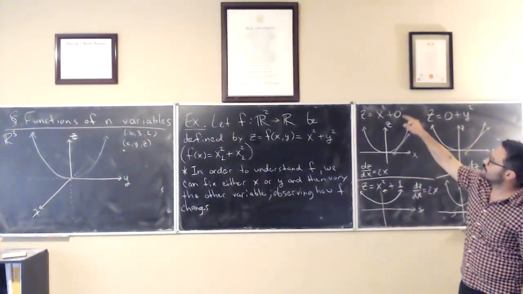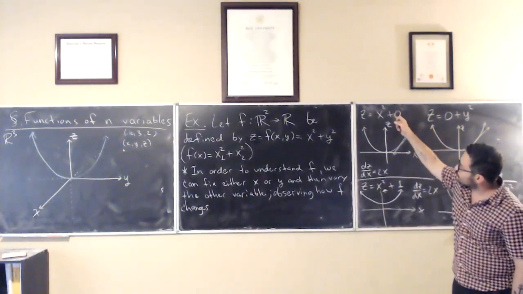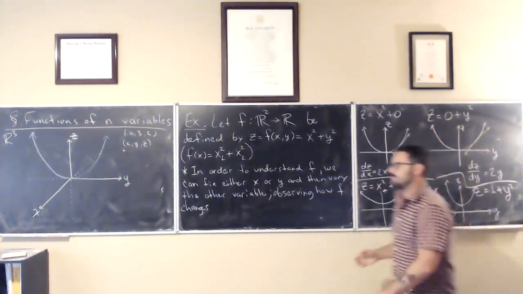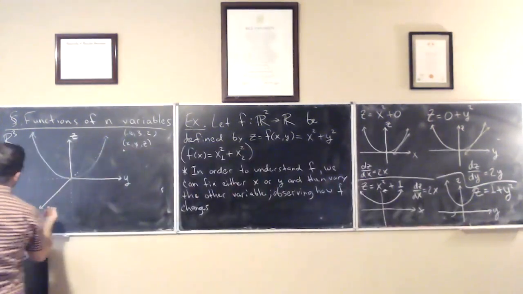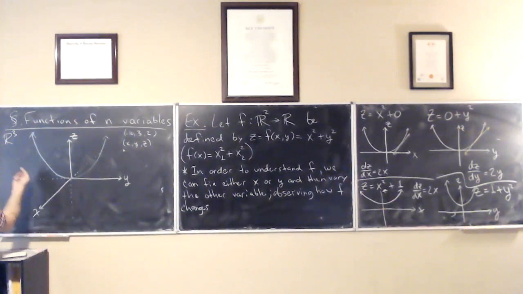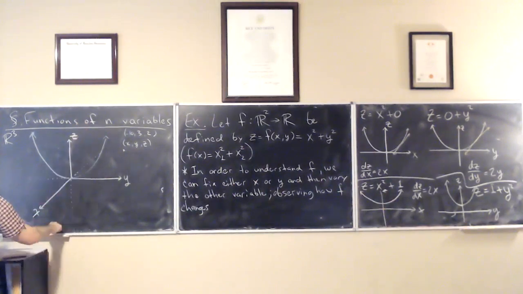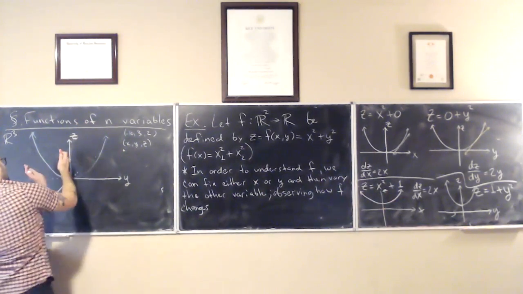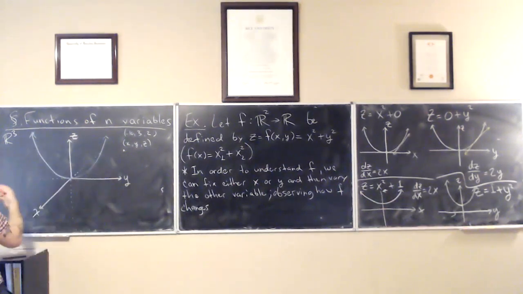But we also know when we fixed y and varied x, so like this way, we have a parabola like here, right? Coming out this way.